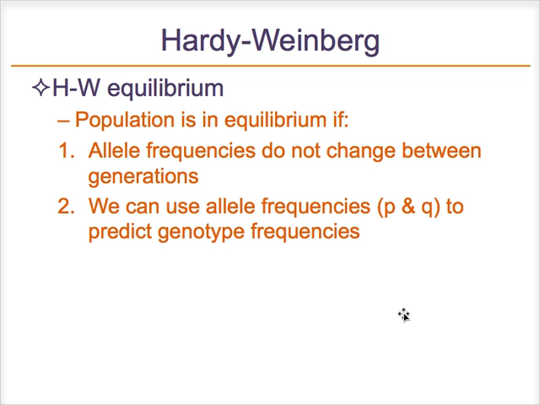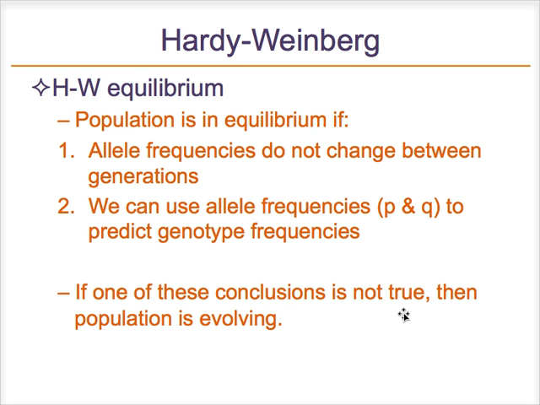So Hardy-Weinberg is what we call a null model, because as long as Hardy-Weinberg is in equilibrium, then the allele frequencies are not changing. If either of these two conditions or conclusions are not met, then it means that they are changing, and that means that they are evolving.